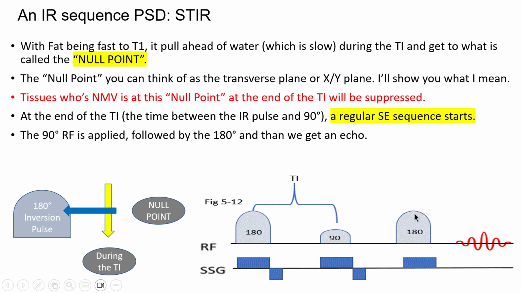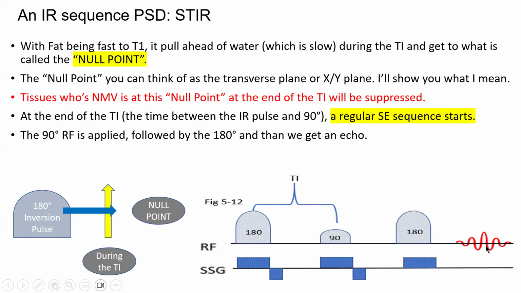Then we're going to refocus. Water is going to get knocked over to the transverse plane now, and fat is going to get knocked into the longitudinal. Now at TE, who's going to give you signal here, from these net magnetization vectors?